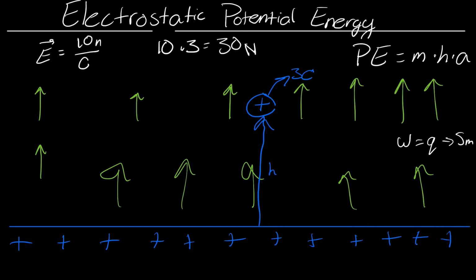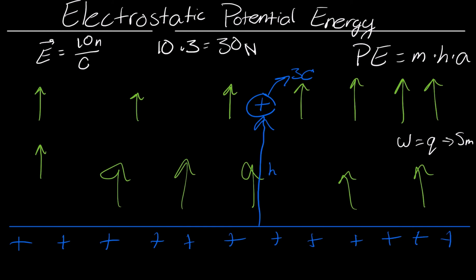Once again, we have the electric field, this little green arrow, pushing upward on the charge, and because the charge is positive, it's also going away from the source, this big blue line. So we multiply those and we're left with 30 newtons.